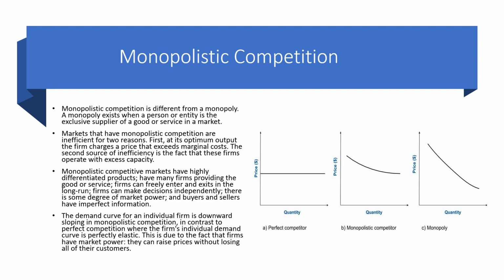Here, the price has to stay constant, regardless of the quantity. Whereas in monopoly situations, at high prices, the quantity is lower, but as you can see, that slope is actually quite sharp.